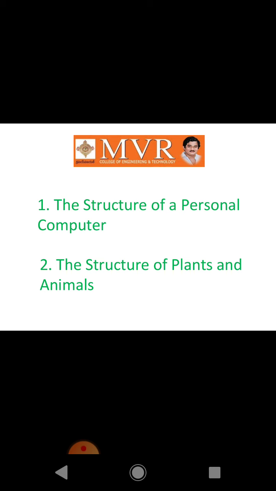Plants consist of three major structures: roots, stems, and leaves, and each of these has its own structure. For example, roots encompass branch roots, root hairs, the root and vascular tissue, root apex, and the root cap.